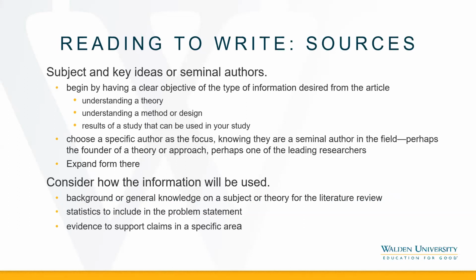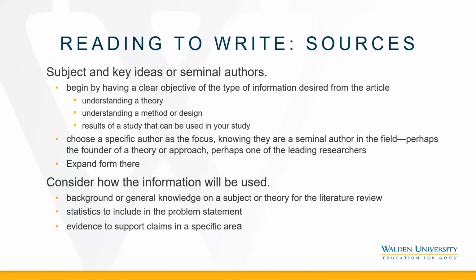So reading to write sources, subject and key areas are seminal authors. So again, seminal authors or seminal works are those texts that may fall out of the date range, but are important to include in your topic. So you begin by having this clear objective. Again, maybe it is theory, method, results.